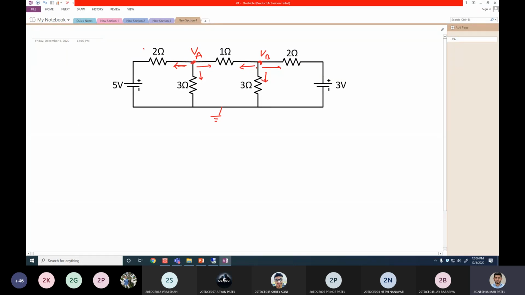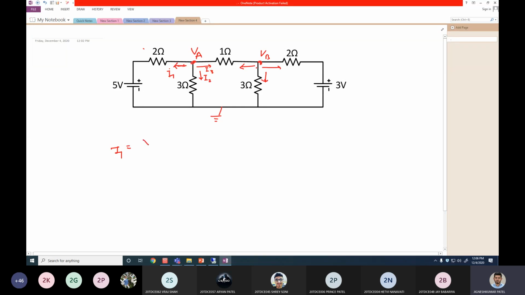So now applying KVL. This is my I1, this bottom one is I2 and this one is I3. First of all, I have to find out I1. What would be the value of I1? As the current is going from higher potential to lower potential, and current is assumed in this direction, that means VA is at higher potential.